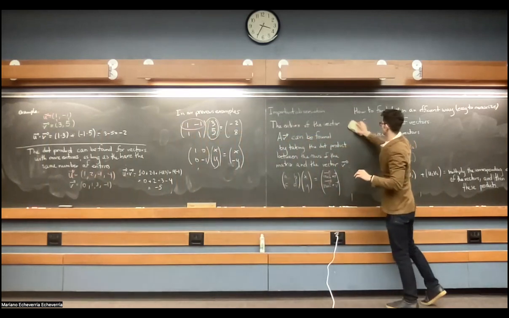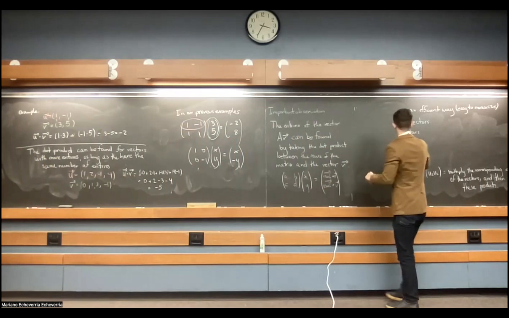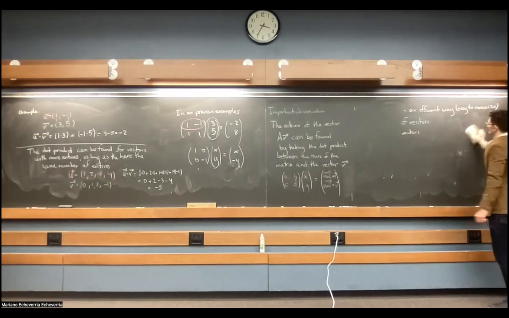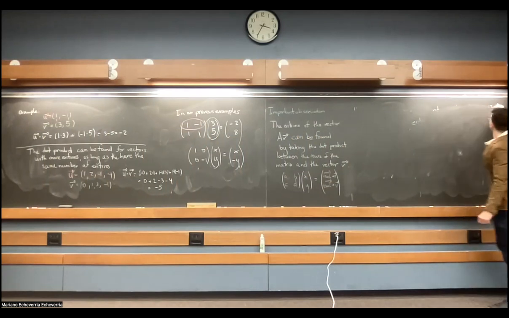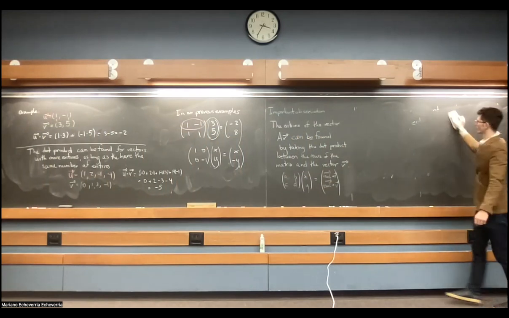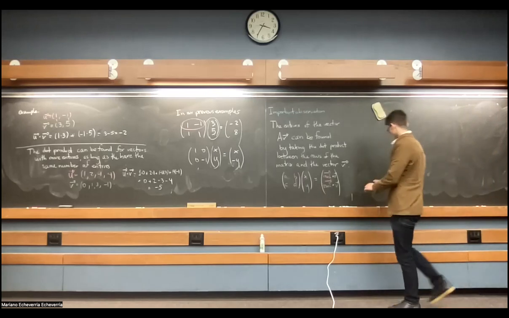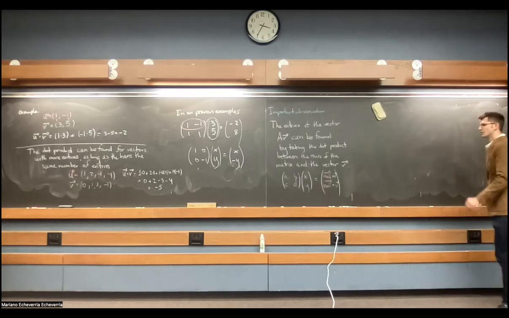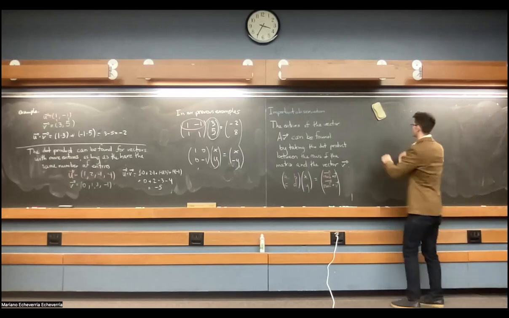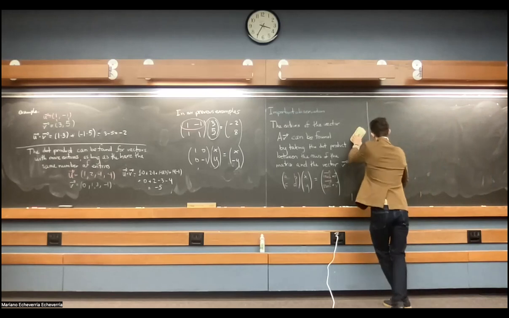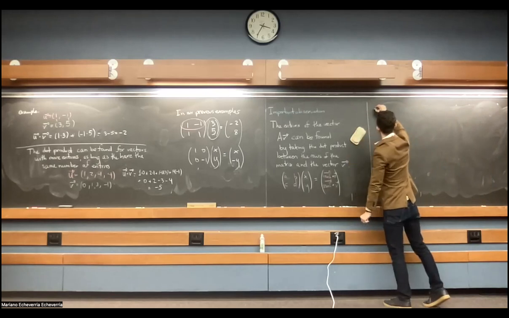So what's the general case, or the general formula, for finding AB? It's still going to be the same.